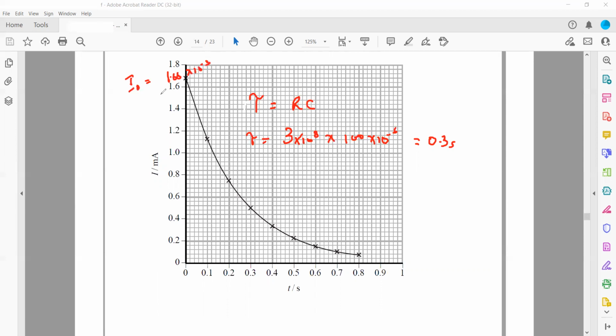Now we'll first find 37% of 1.68. So 1.68 multiplied by 37 divided by 100. When it is decreasing, that is 37%, but when charging we take 63%.